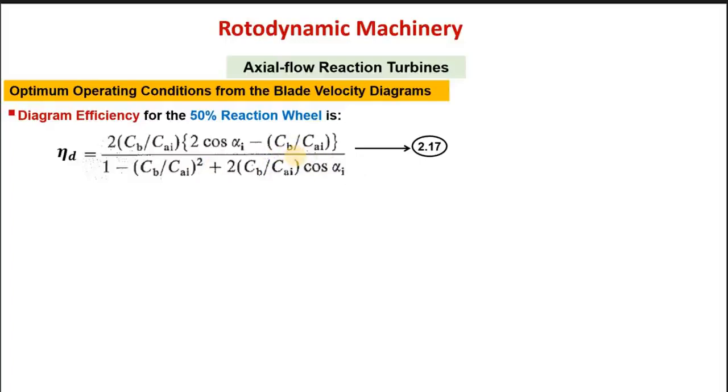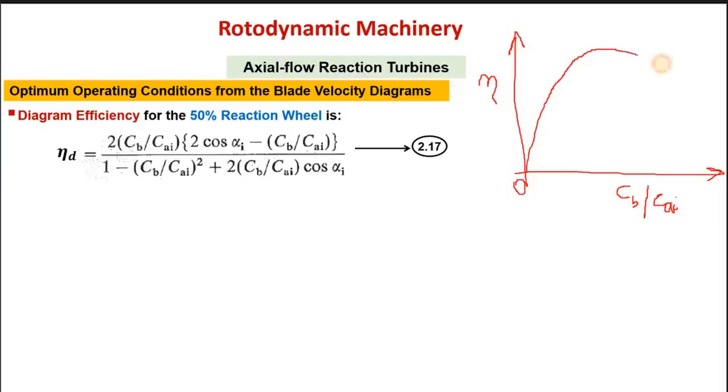In this way we will get a point on the efficiency versus CB over CAI curve. Let me show it again. If we draw a curve between diagram efficiency versus the ratio CB over CAI, starting from 0, we'll get a similar curve like this one.